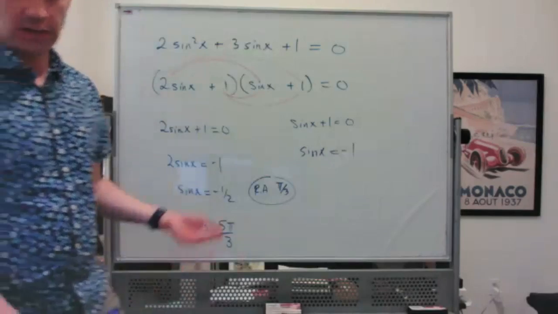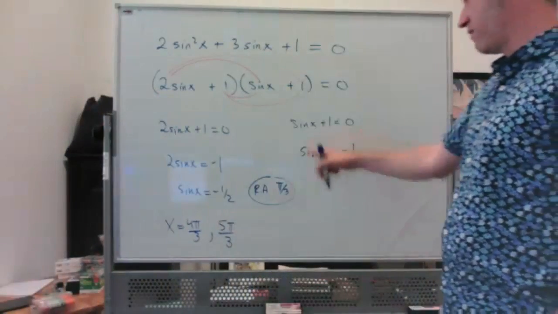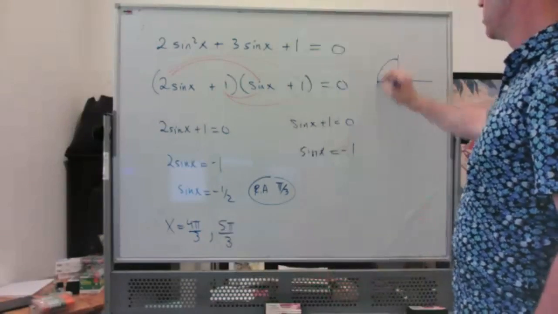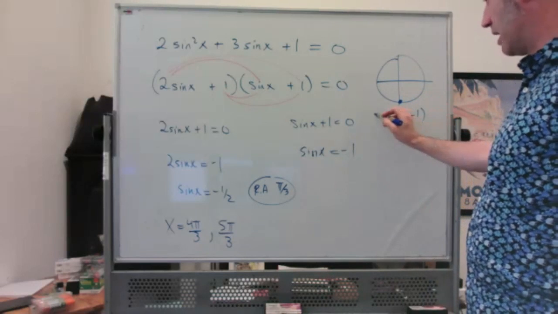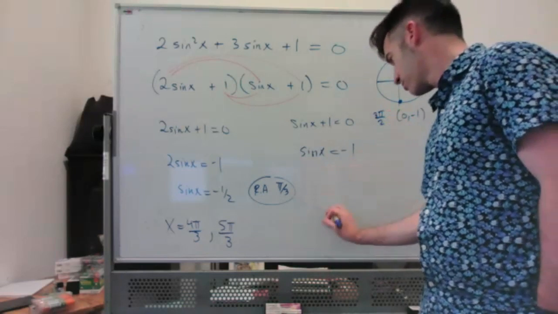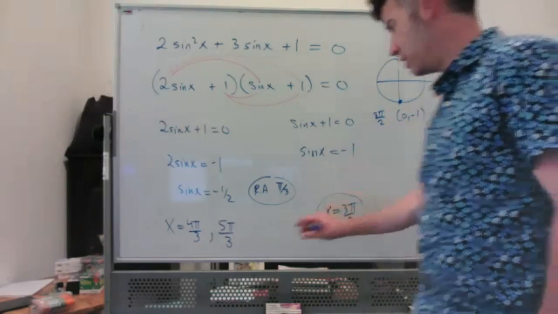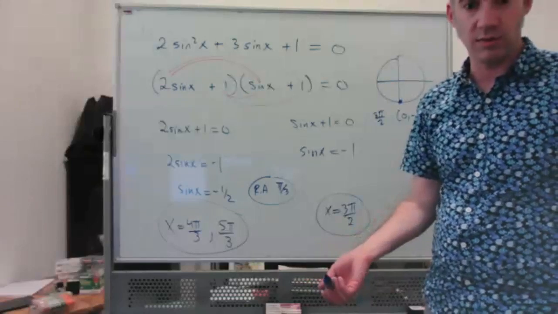Sine of 4 pi over 3 is -1/2. Sine of 5 pi over 3 is -1/2. And then sine of x equal to -1, that's one of those quadrantal angles. Specifically, I'm looking at that point there, where the angle is 3 pi over 2. So this equation would also have 3 answers between 0 and 2 pi.